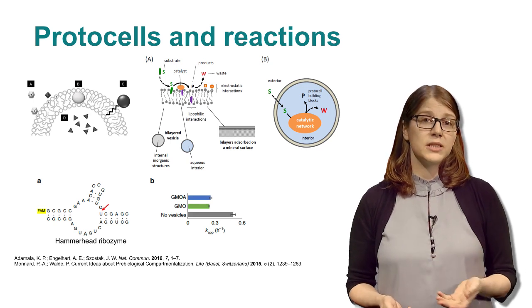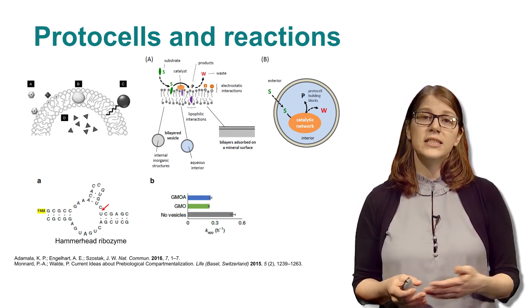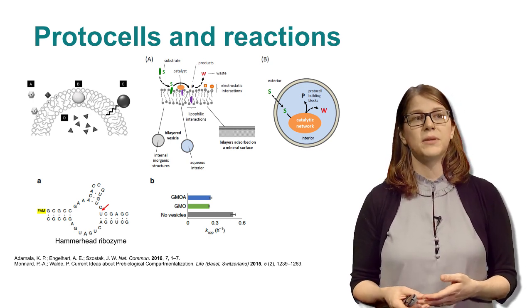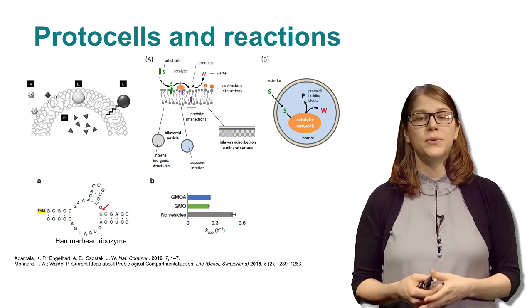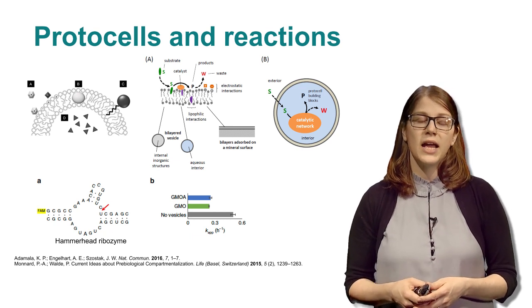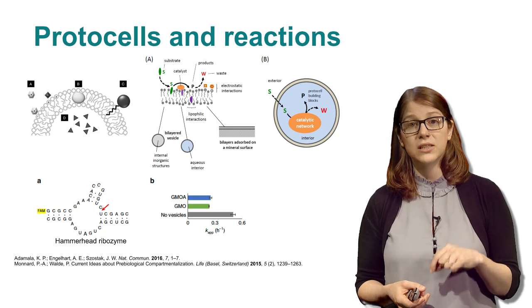An example of one such reaction is an RNA enzyme called the hammerhead ribozyme. The hammerhead ribozyme can self-cleave. If you see, there's a little red arrow that points to the CU connection at the node in the center. And the hammerhead ribozyme cuts between the cytosine and the uracil here.